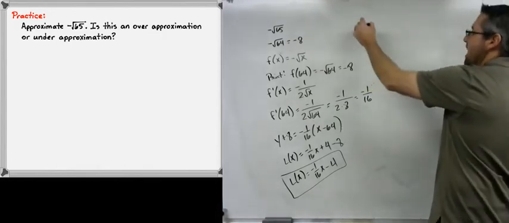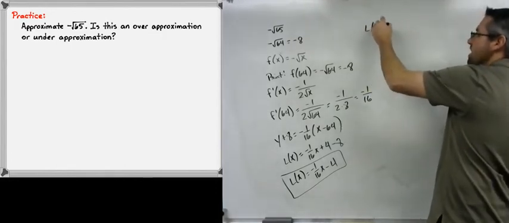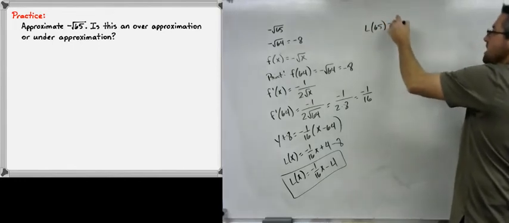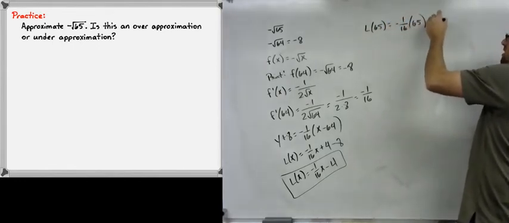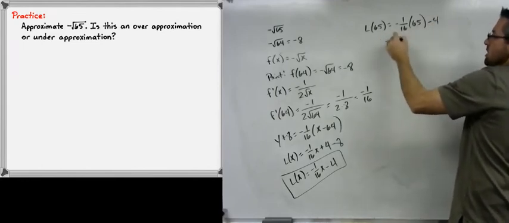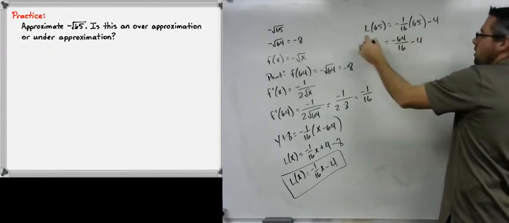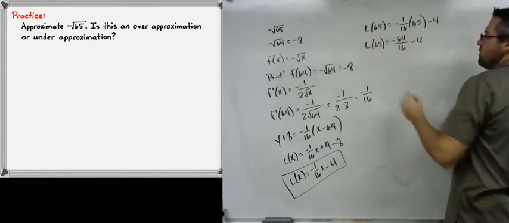So we would say that L of 65 is equal to negative 1/16 times 65 minus 4. And so this would be negative 65 over 16 minus 4. And I'm trying to avoid using a calculator here.